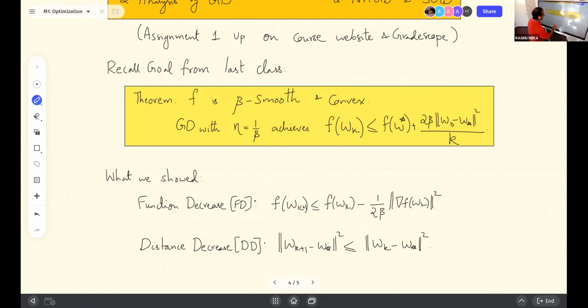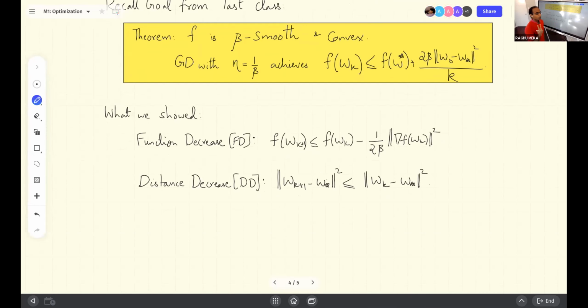And what we showed in the last class towards analyzing this is 2 properties of gradient descent. The first was function decrease. We said that gradient descent with the step size of 1 over beta does indeed make some progress. It's not going to negate the progress that you're making, and it does decrease the function value a little bit, with this bound at the very least. The first bound did not use convexity, it only used smoothness of the function.